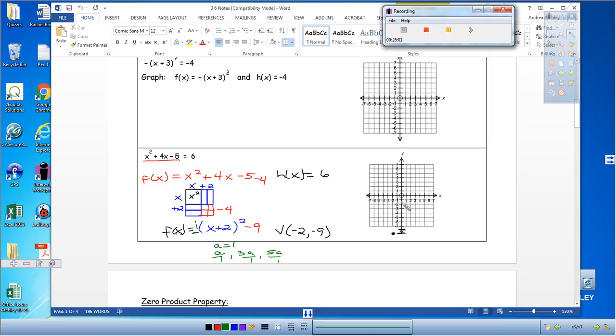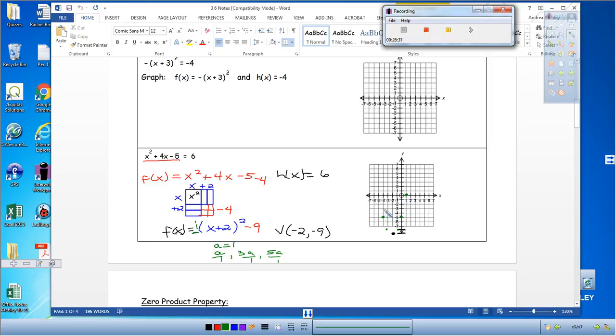So I'm going to go from here. I'm going to go up 1 over 1, up 1 over 1, then up 1, 2, 3, and over 1. You see, I missed it. Then I'm going to go up 5, 1, 2, 3, 4, 5, and over 1.